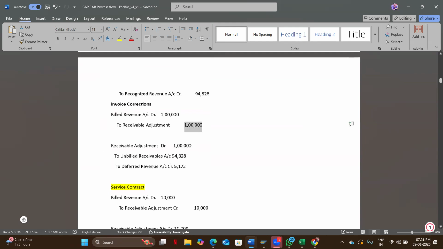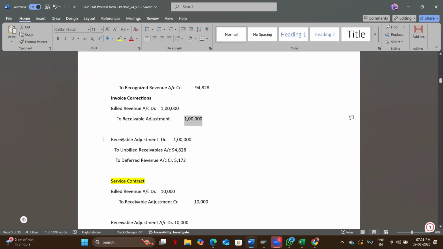After that, the revenue adjustment account to unbilled revenue: whatever was already taken from unbilled is given back to the unbilled account. Now the remaining amount went to deferred revenue. You got this entry? This is the most important entry for our year, and this is very clear. You both understand this entry, right?